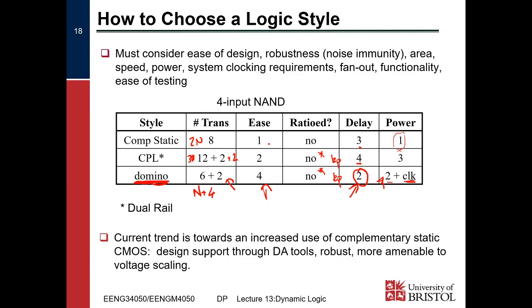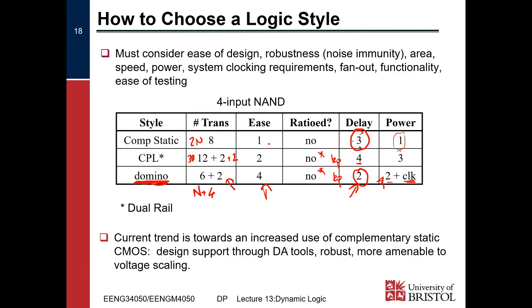The barrel shifters are also another example. Something that's easier to design and needs to be fast will end up with domino dynamic logic, right? On the other hand, things like branch prediction units, which are very, very complicated pieces of logic with very weird paths through them and lots of glitches, they will go for complementary static logic, right?